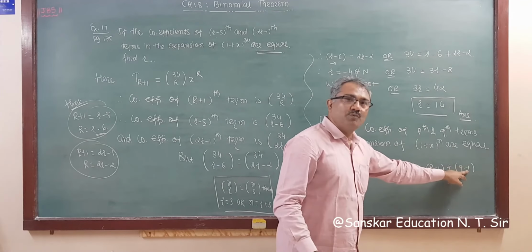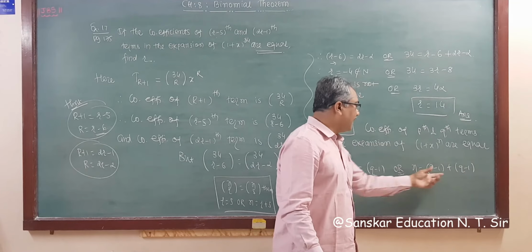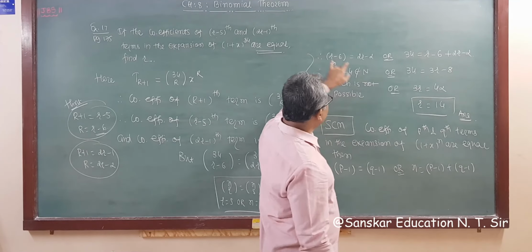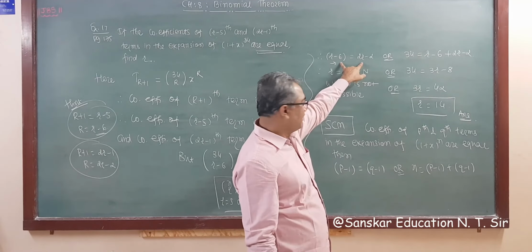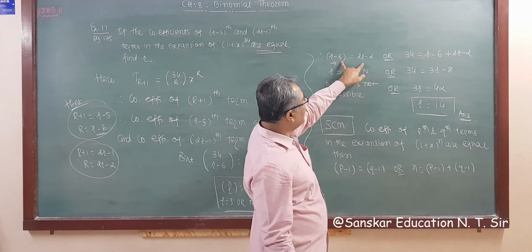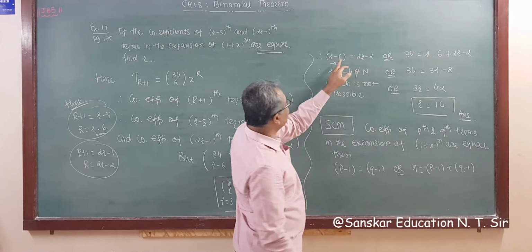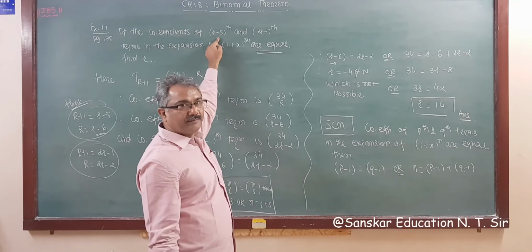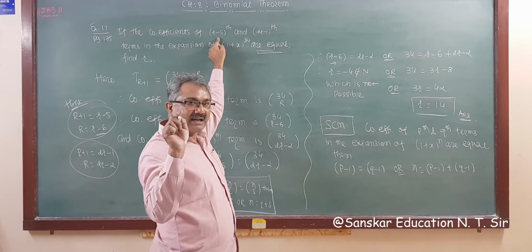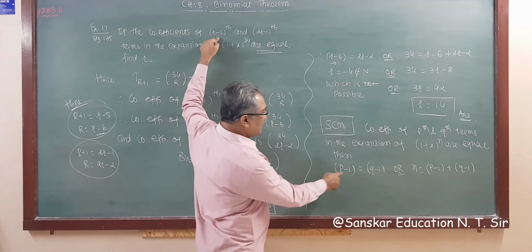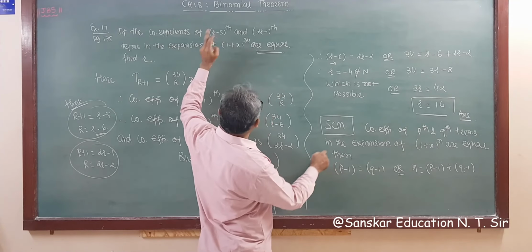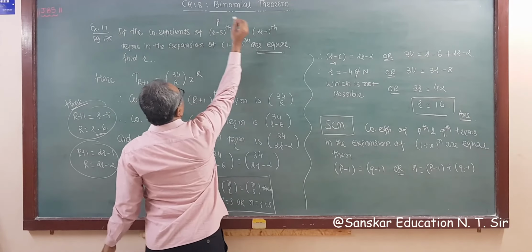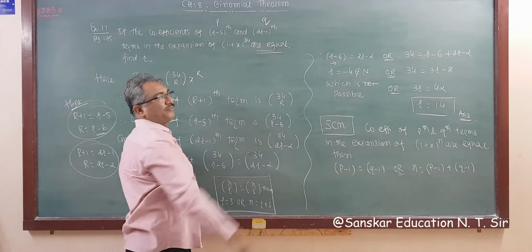So p minus 1, q minus 1, sum is equal to n. Either both are equal. I am writing this step directly, right? See, this is r minus 5 term, and this is p and this is q.